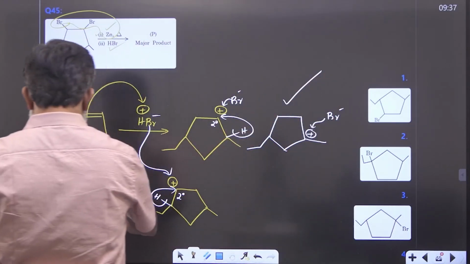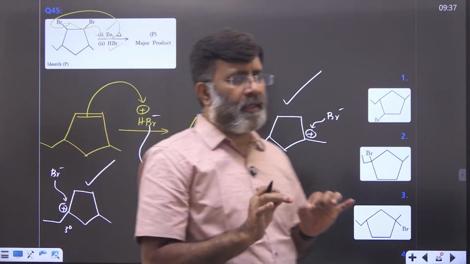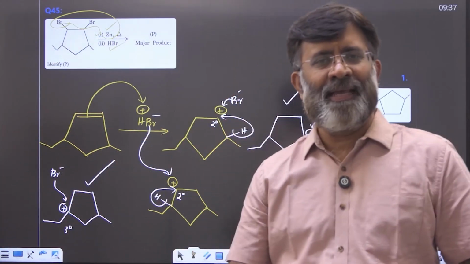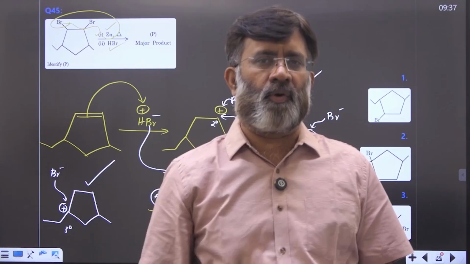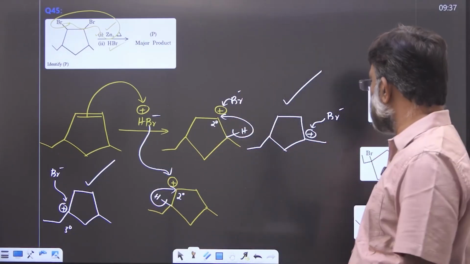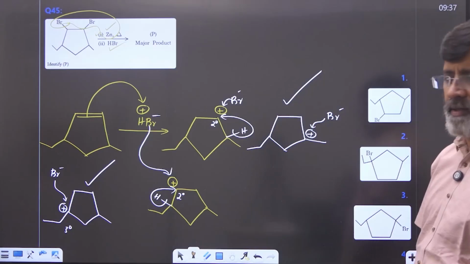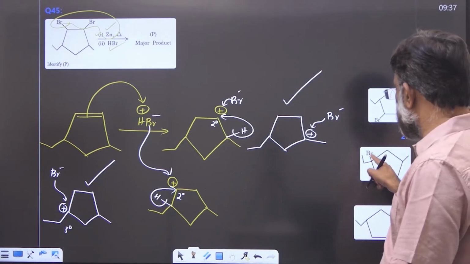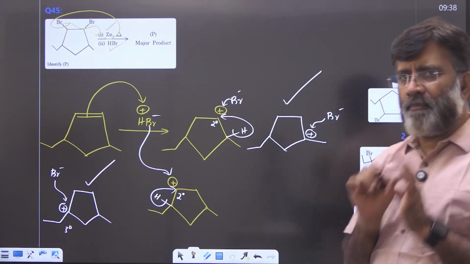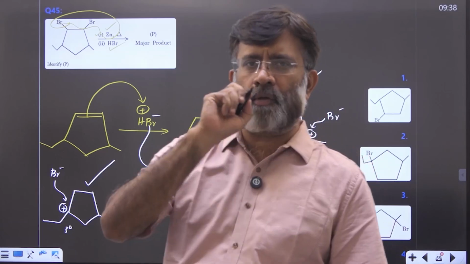Either this or this will be the possibility of major product, because that forms a tertiary carbocation. A bromine coming over here can be 3, the correct answer. A bromine coming over here, 2, the correct answer. So the competing choices are 2 or 3.